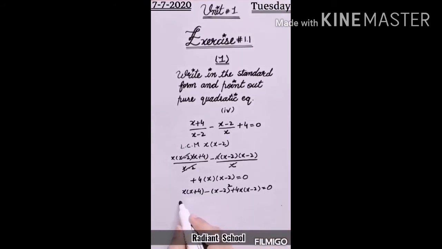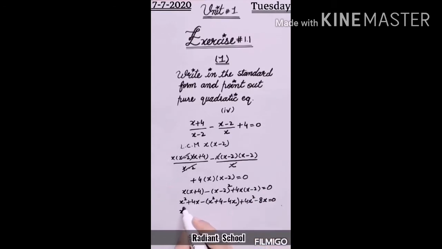Now we will multiply inside the brackets: x square plus 4x, minus, I will open the whole square, a square plus b square minus 2ab, because here it is a minus b, plus 4x, I will multiply inside, 4x square minus 8x is equal to 0.